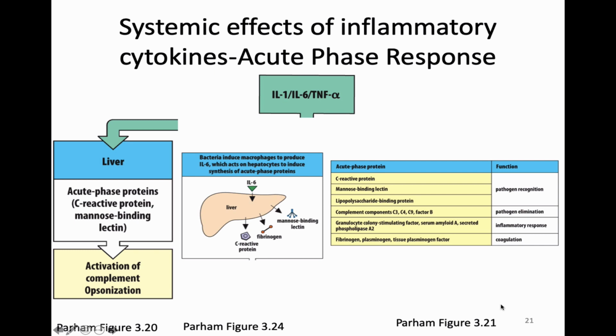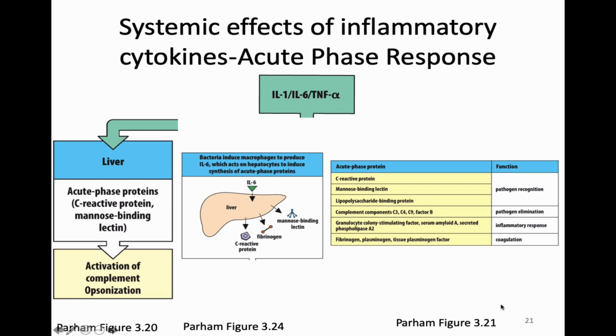One protein that will be made by the liver will be mannose-binding lectin. That will be an important part of the complement pathway that we learned about last time. And so again, you can see some interconnections between some of the different pathways that we're talking about. So these cytokines will actually improve the complement response by allowing more complement proteins to be made.